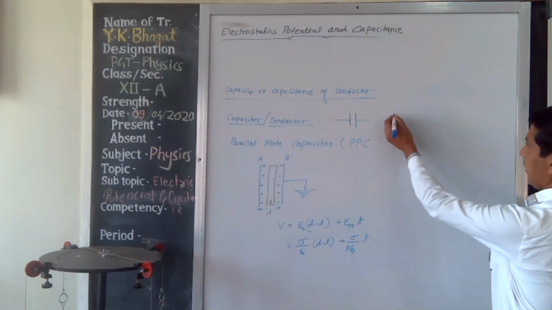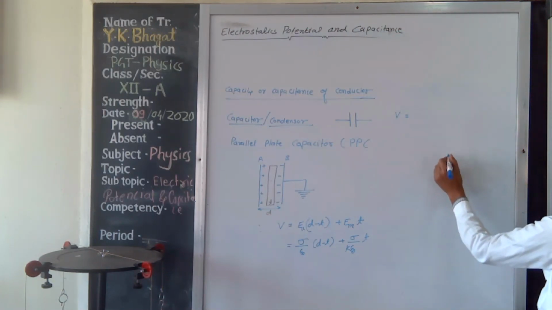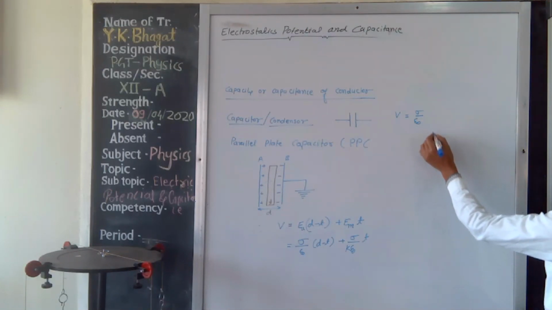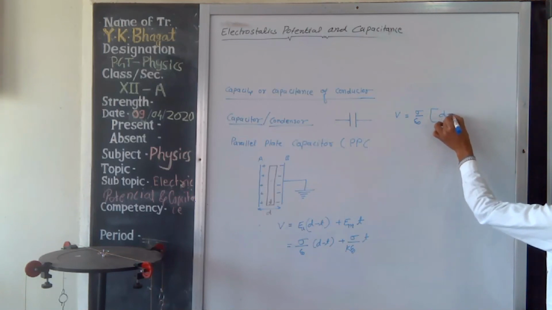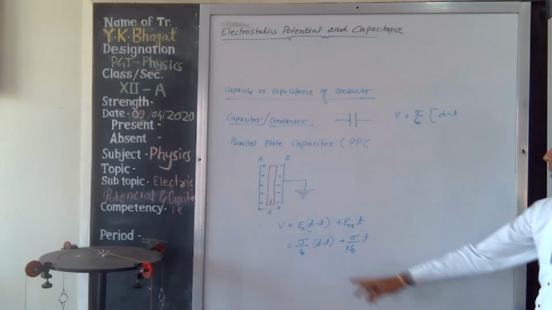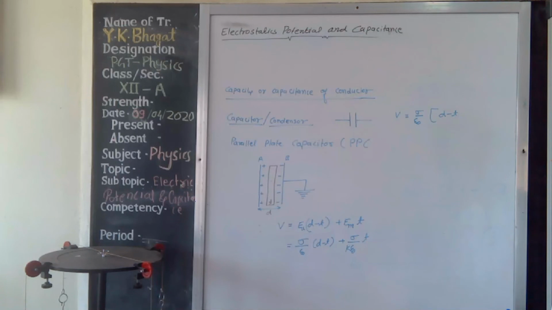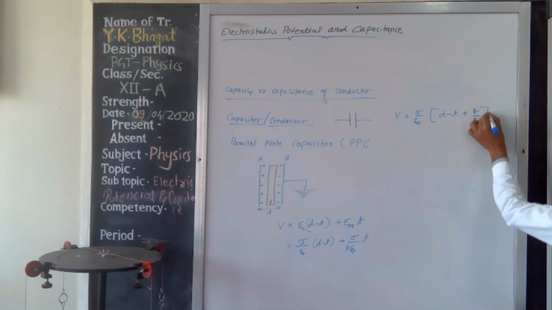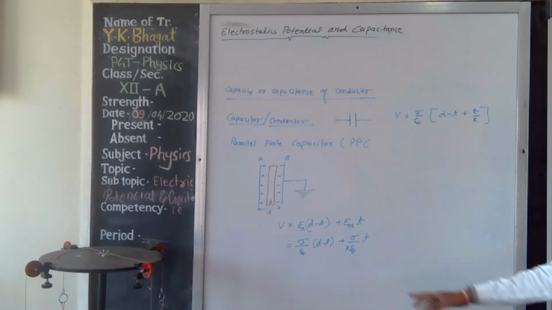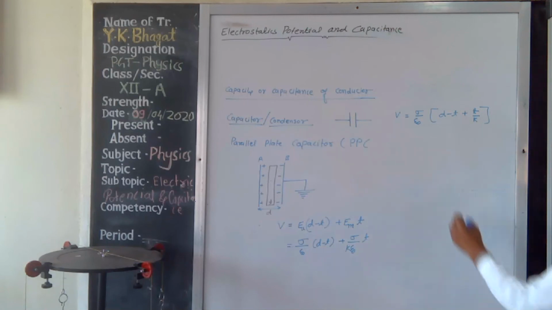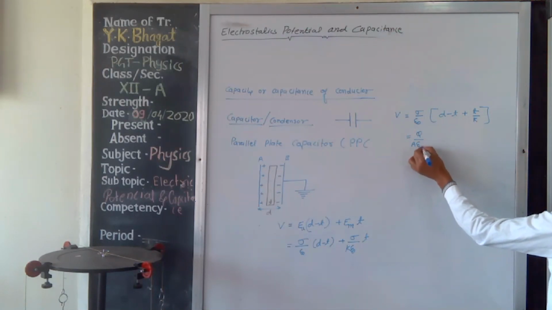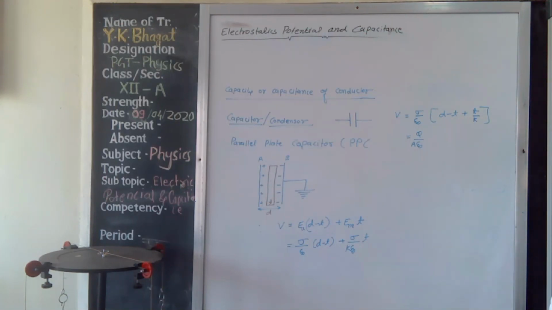Then V will be equal to sigma upon epsilon naught, in bracket D minus T plus T upon K. Now sigma can be written as Q upon A, sigma is the surface charge density. Putting the value of sigma here, it will be Q upon A epsilon naught.